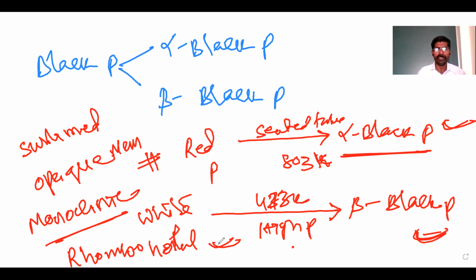So this is about the allotropic forms of phosphorus. Is it clear now? This is about the allotropic forms of phosphorus.